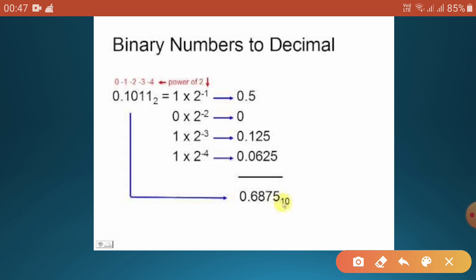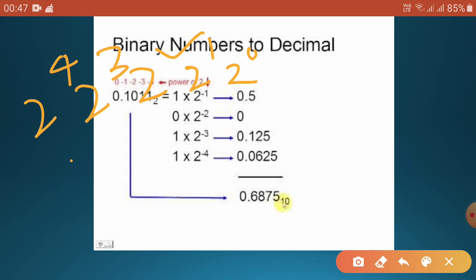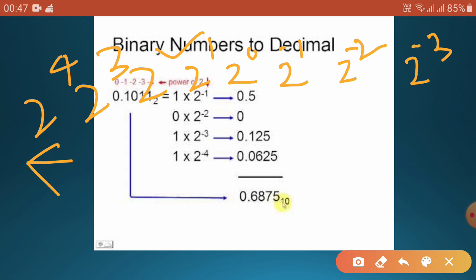If we draw the positional weights, it goes like this: 2 to the power 0, 2 to the power 1, 2 to the power 2, 2 to the power 3, 2 to the power 4, and so on to the left side. For the right side it will be 2 to the power 1, 2 to the power 2, 2 to the power 3, same, but one difference: all these are with a negative sign.